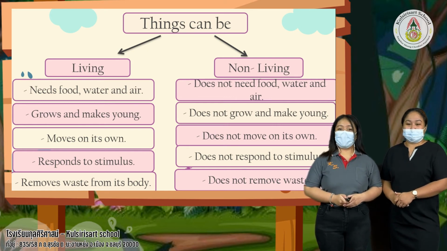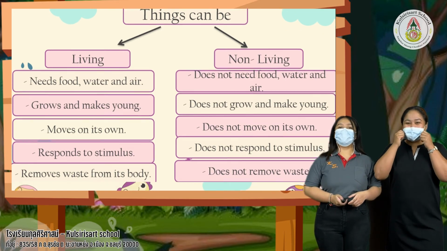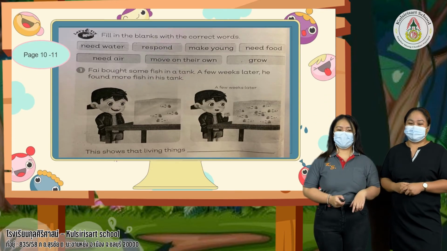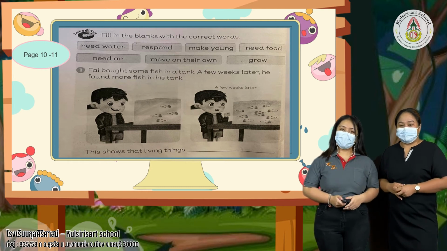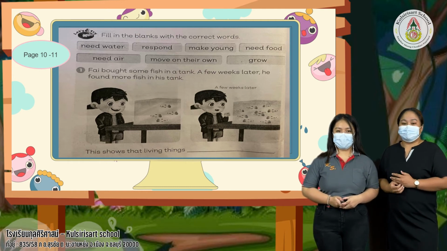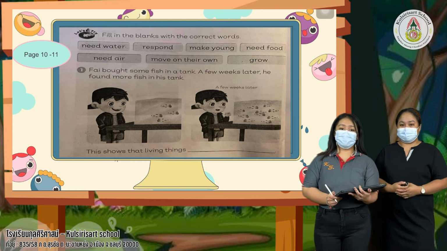Okay, now are you ready to answer your book? Yes. Okay, before that, I want you to get your Science Inside Out Class Book 2 and open it on page 10 to 11. Are you ready? Yes, we are ready. Now, let's answer number 1.